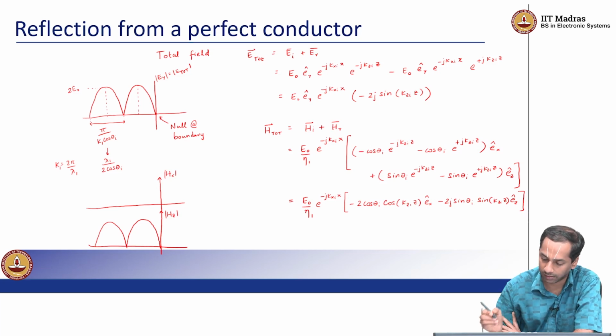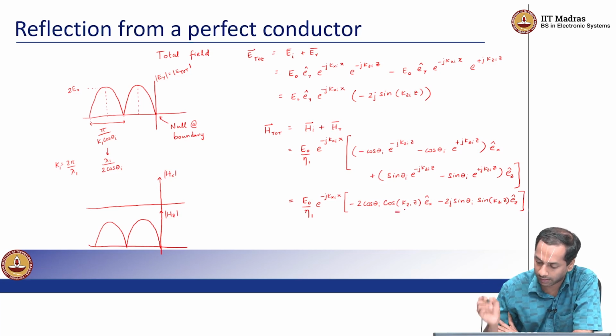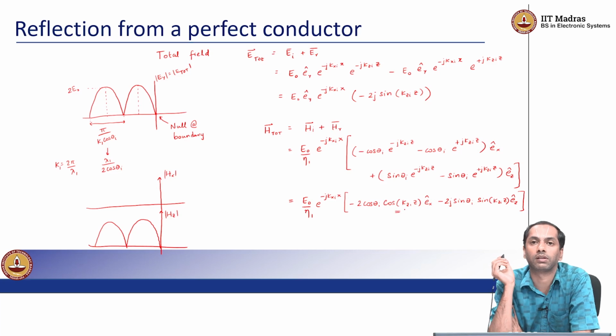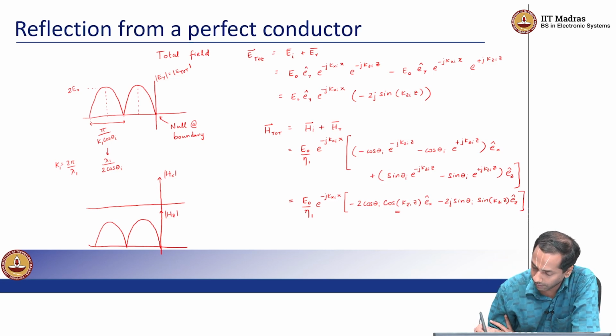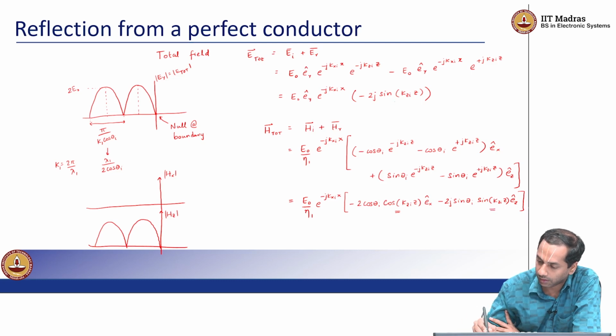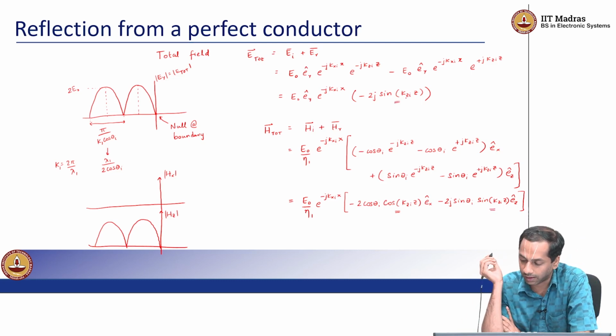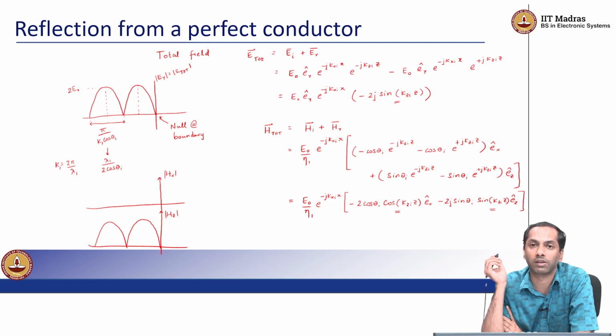But surprisingly, Hx is a function of kzi z through a cosine function, right. Right. So remember that both the electric field and the z component of the magnetic field have a sine kzi z, whereas the x component of the magnetic field has a cosine kzi z, right?